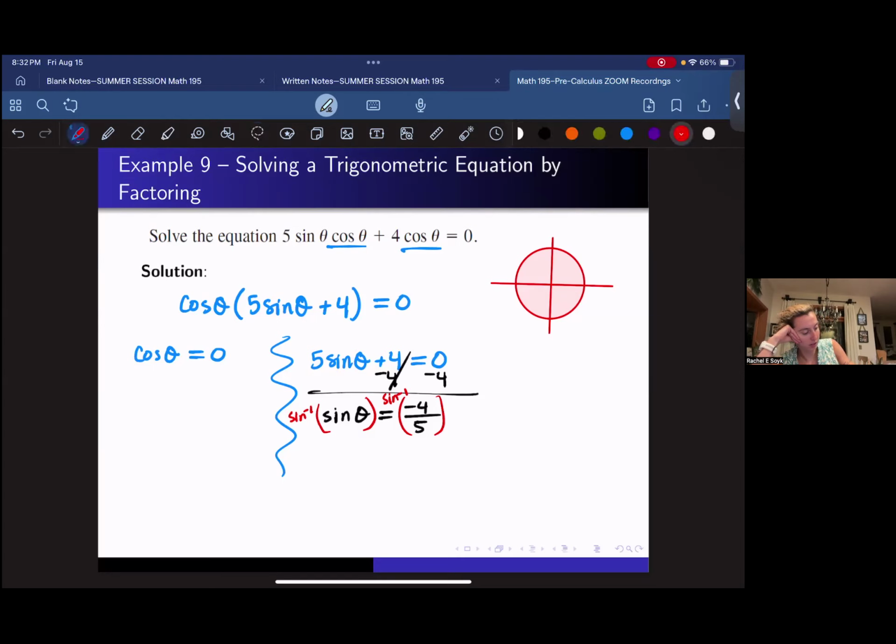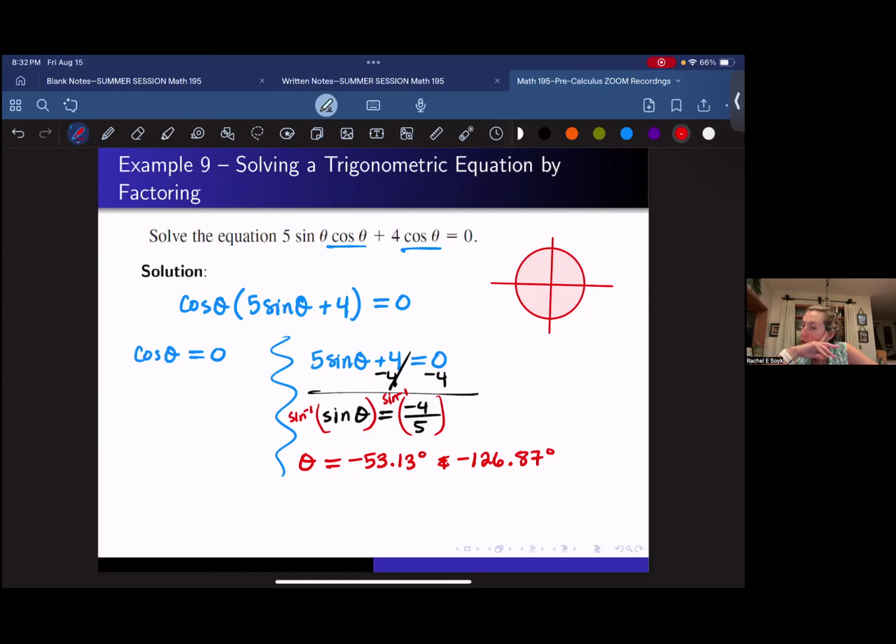Yeah, that makes sense. Okay, so our theta is equal to -53.13 degrees and -126 point, I'm going to say about 87 degrees.